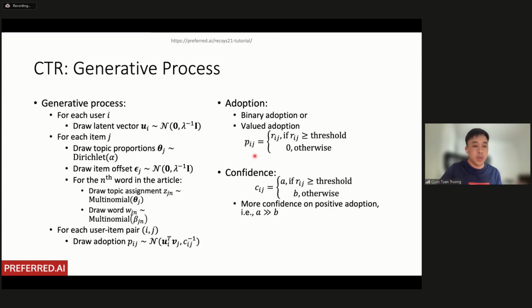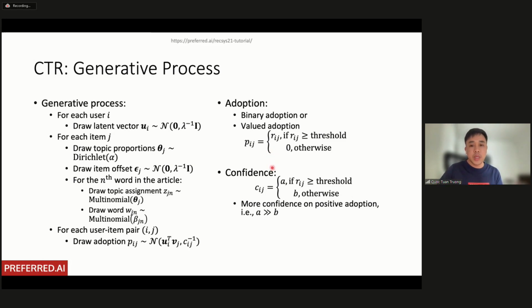So we can think of them as, if you work with the explicit feedback like rating values, then that could be one type of adoption. Another type of adoption is that you work with the implicit feedback like the clicks or other kinds of implicit adoption.